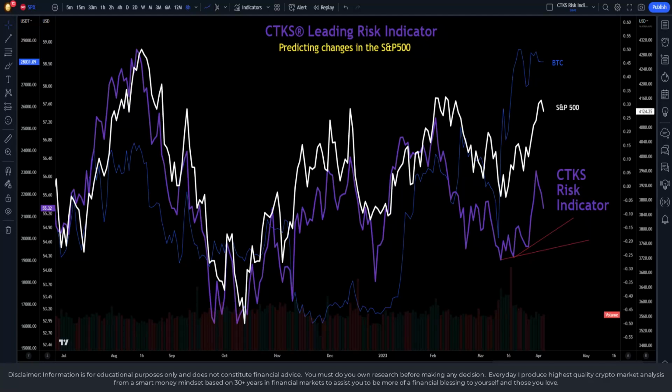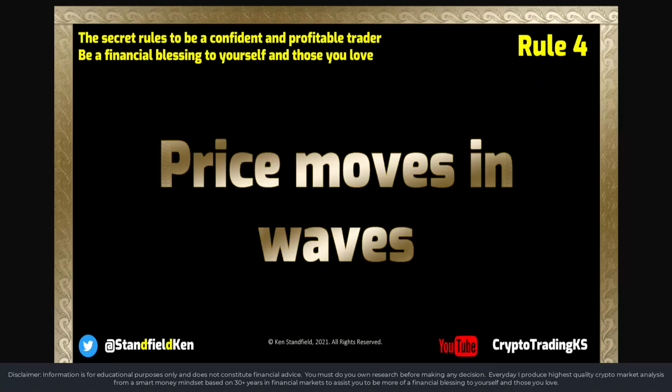What are some of the things that you should look for in the CTKS risk indicator? When the risk indicator starts to lose a level of support, that could mean there's a sell-off coming. So that's something to be aware of. Inside the masterclass, we discuss hundreds of rules, and one of the more important ones is Rule 4. Price moves in waves.